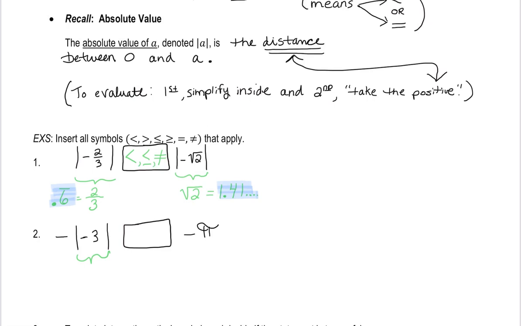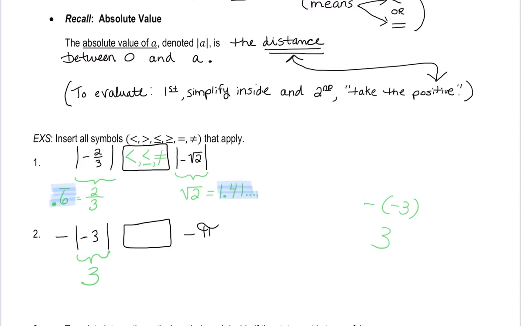What you can't do here first is multiply, thinking of these two negatives, like the opposite of negative is positive. That is certainly true if there was no absolute value bars. But with the absolute value bars, you must simplify, start in and work your way out. That's a good order of operations idea to be mindful of.